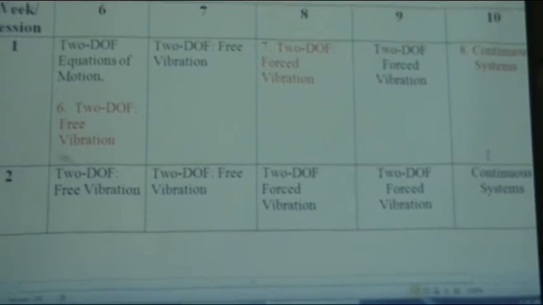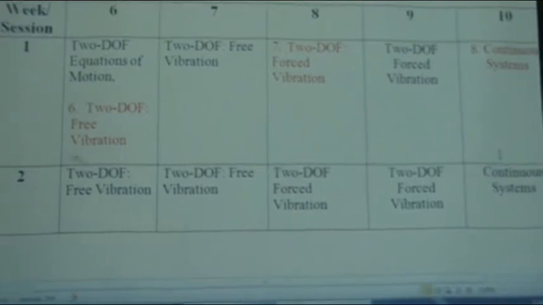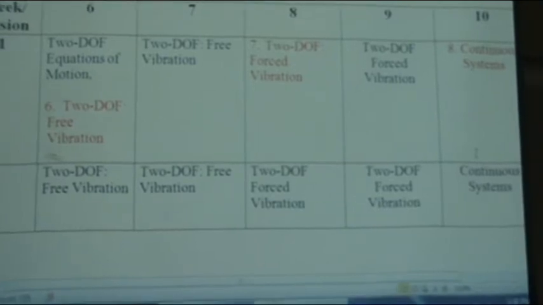Again, a continuous system is something that has an infinite number of degrees of freedom that define any point in the system, such as a beam. A beam theoretically is determined, the position of the beam is determined based on the coordinates of all the points in that beam.